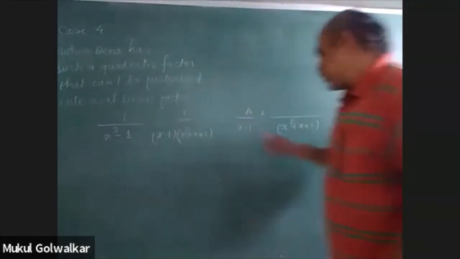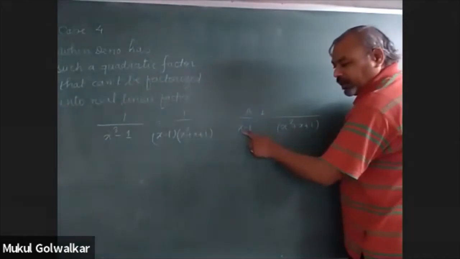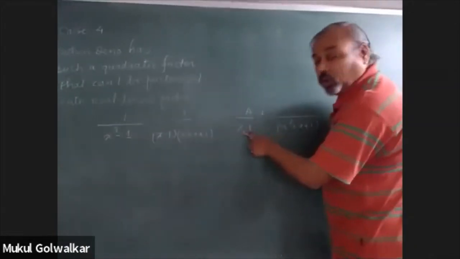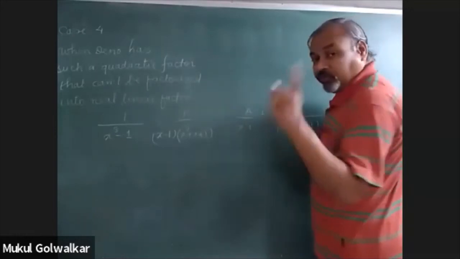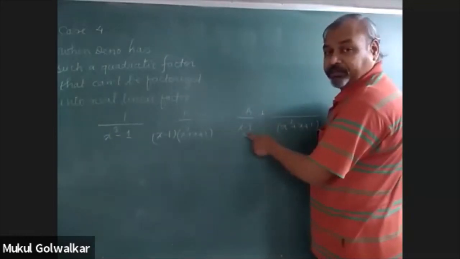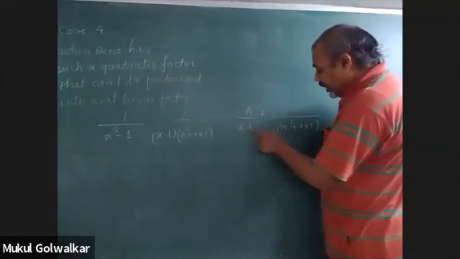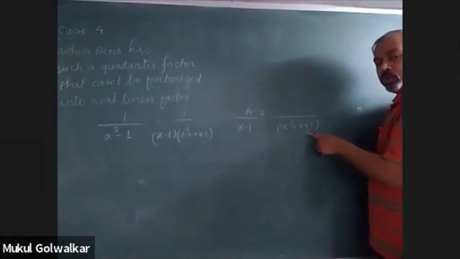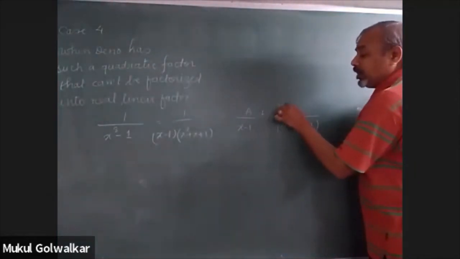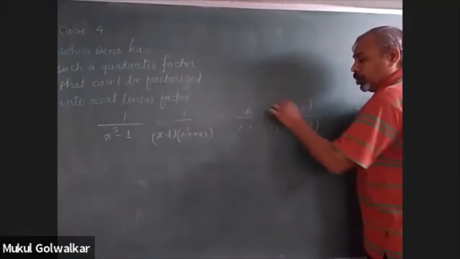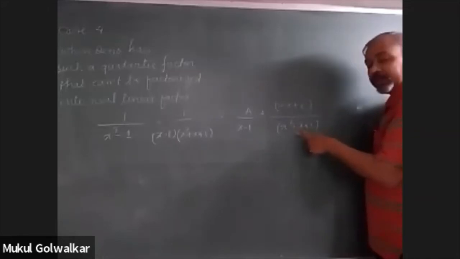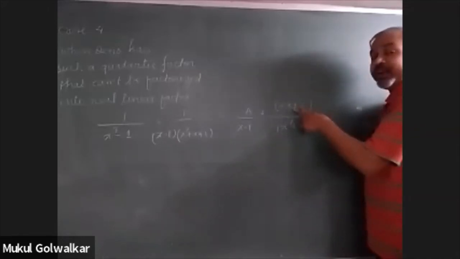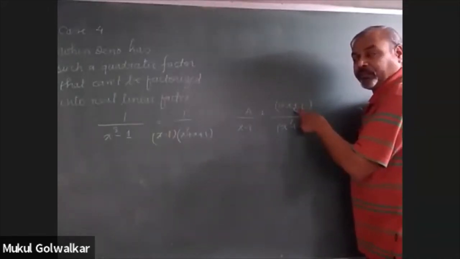Here, the degree of the denominator was 1, so we wrote in the numerator an expression whose degree was 1 less than that of the denominator. Here the degree of the denominator is 2, so we should write in the numerator an expression whose degree is 1 less than quadratic, that means a linear one.